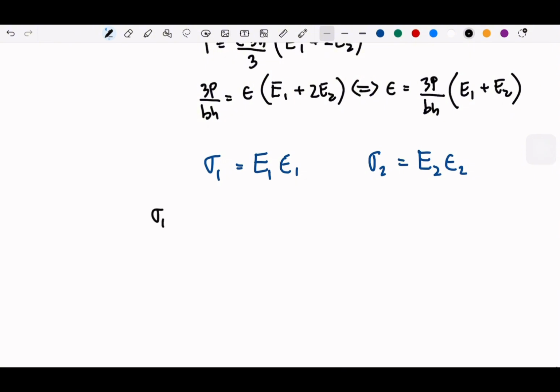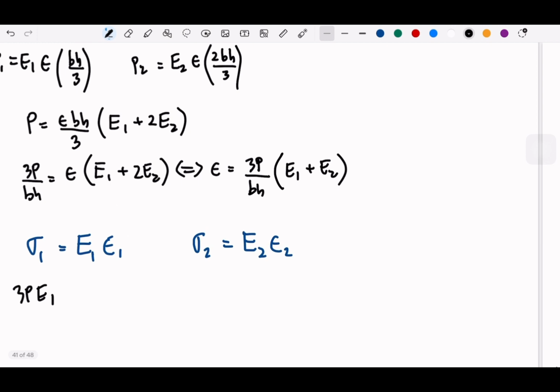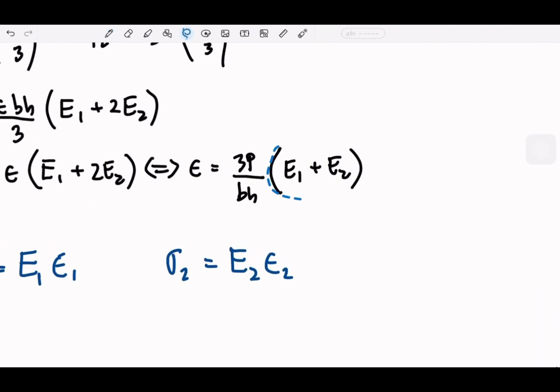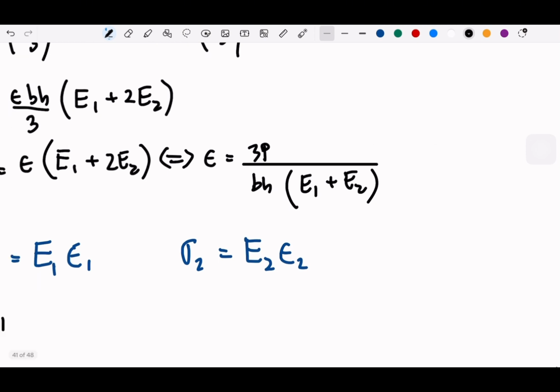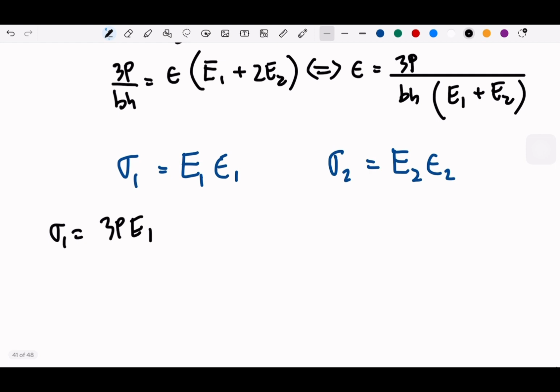So this stress 1 will be 3P E1 over BH, and then E1 plus 2 E2.